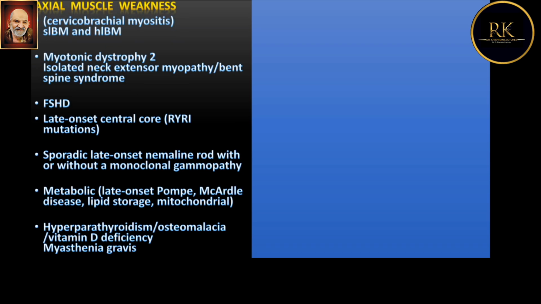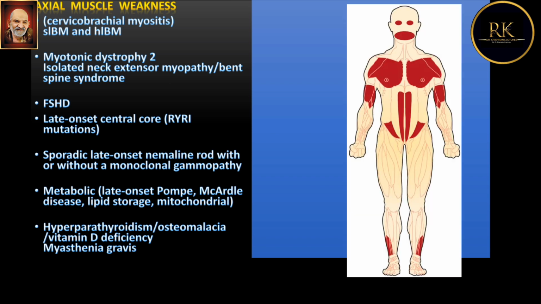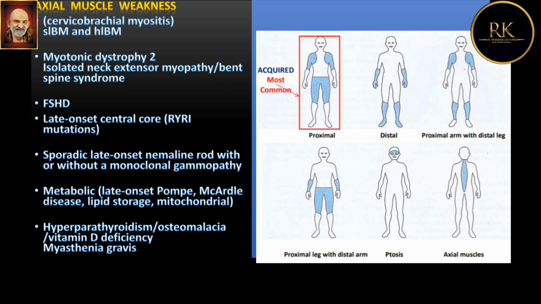Axial muscle weakness. The causes include cervicobrachial myositis with sporadic inclusion body myositis and hereditary inclusion body myositis; myotonic dystrophy type 2 with isolated neck extensor myopathy and bent spine syndrome; fascioscapulohumeral dystrophy; late onset central core disease like ryanodine receptor 1 mutations; sporadic late onset nemaline rod myopathy with or without monoclonal gammopathies; metabolic or late onset Pompe's, McArdle's and lipid storage as well as mitochondrial myopathies; hyperparathyroidism, osteomalacia, vitamin D deficiency and myasthenia gravis.